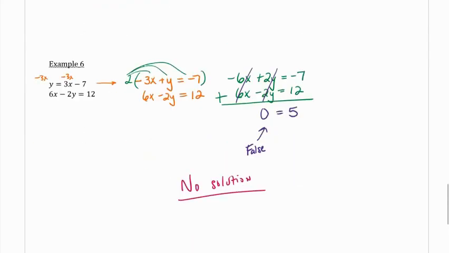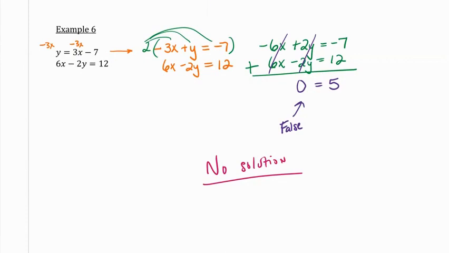Okay, one last little note on this. If by chance you were to do a problem and end up with 0 equals 0, remember that is a true statement. So if you end up with that, it doesn't mean no solution. That would mean infinite solutions.